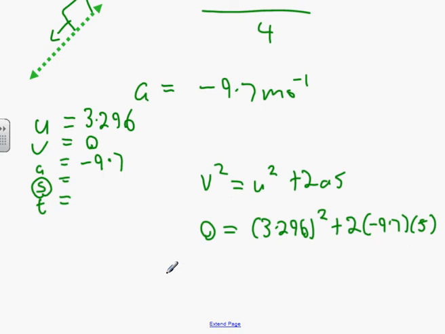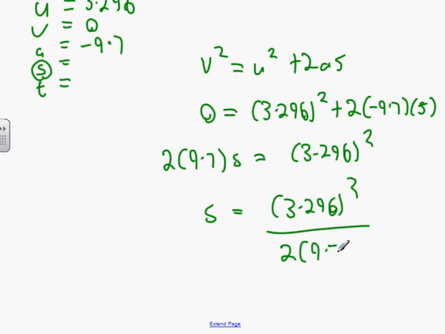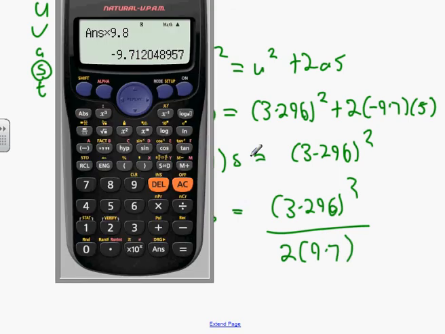Bring this out to the other side, we're going to get 2 times 9.7 s equals 3.296 squared. s therefore equals 3.296 squared divided by 2 times 9.7.